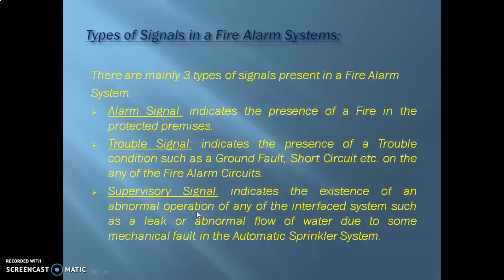What this means is that this indicates the existence of any sort of abnormal conditions that might exist in any of the interconnected systems, such as the automatic sprinkler system, due to maybe a leak, or an abnormal flow or abnormal activation of the sprinkler system without the presence of any existing fire alarm condition. So this sort of signal is called a supervisory signal.